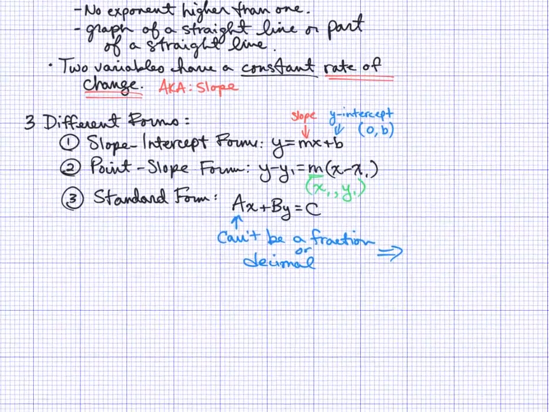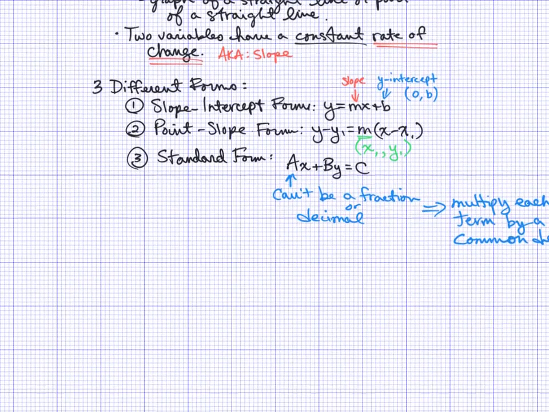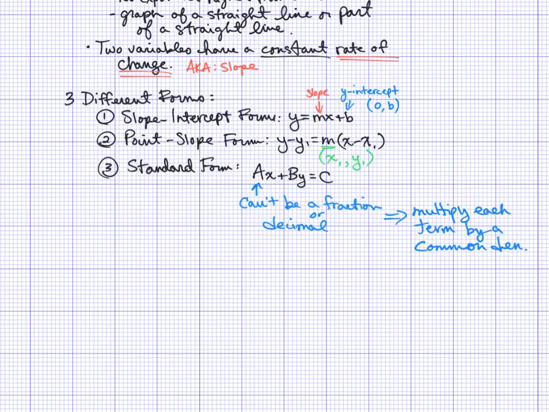You just multiply each term by a common denominator, and doing that will allow you to eliminate all the fractions, something we call clearing all the fractions. So these are the three forms that we can write linear functions in.